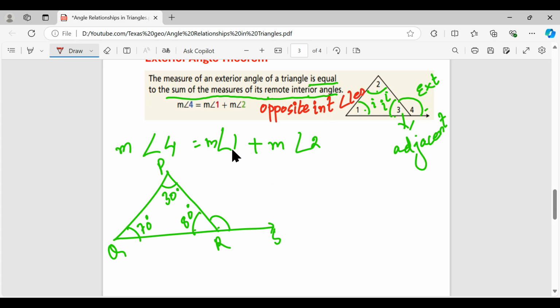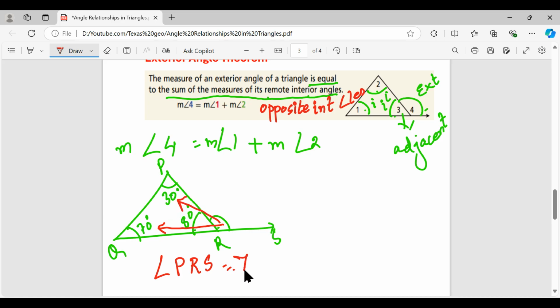So let's see. Now here you have to find the measure of angle PRS. According to this theorem, angle PRS equals the opposite interior angles. So opposite is this, another opposite is this.